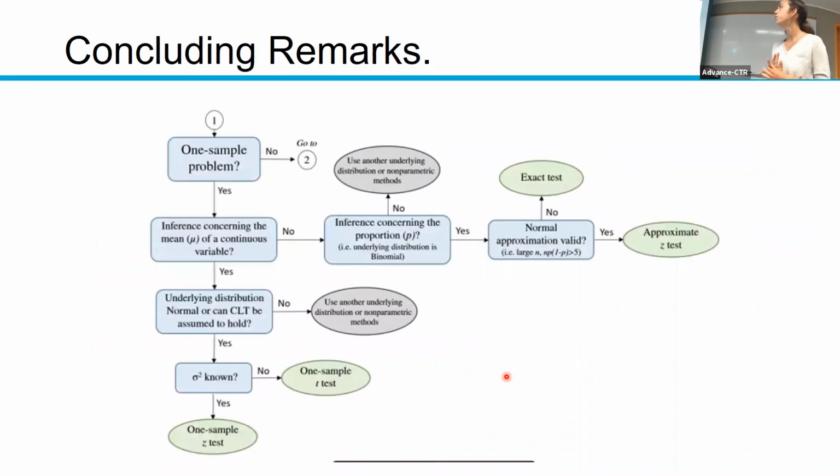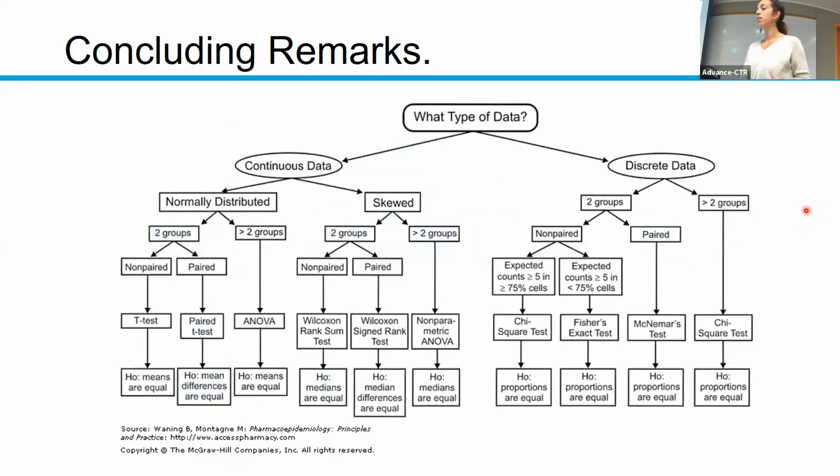So to conclude, we wanted to provide 2 different images that we found online about which different tests you might want to conduct when you're thinking about hypothesis testing for different types of things. I think this was something that somebody had mentioned having some interest in. The 2 that we found that we thought were the best were this one and this one.